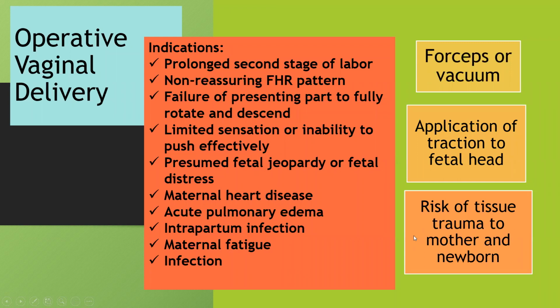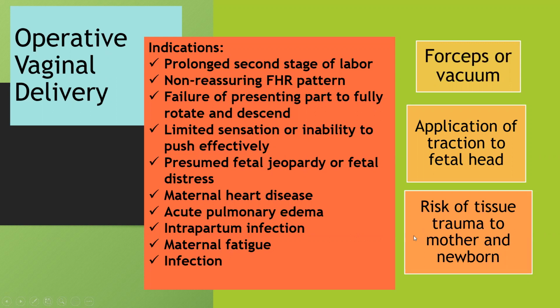So an operative vaginal delivery is when their provider uses forceps or vacuum, and that's to apply traction to the fetal head. Their indications are listed here on the screen, and there is always risk. There's risk of tissue trauma to both mother and newborn. And usually these are used when it's an urgent situation for this baby to come.